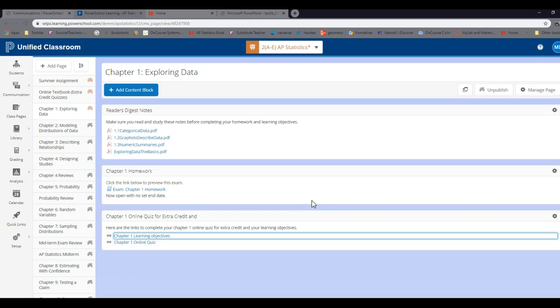Okay, and then the last thing you have for every chapter is an online quiz, and I'll post this block here. So some people just get confused because there are several moving pieces here, right? Like you got your homework that's in PowerSchool, and that's like 10 multiple choice questions, and then this online quiz is usually about 10 multiple choice questions, and people start to get confused. This is extra credit. Okay, if you complete this quiz, I will add 5 points to your test grade.